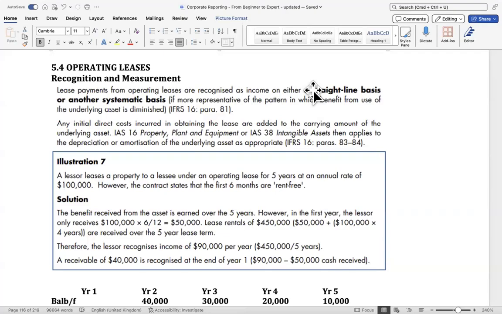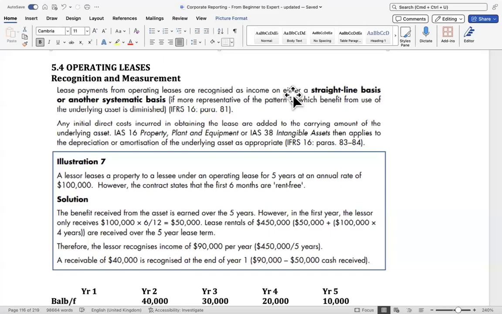And when I say straight line, we mean equal amount of lease income shall be recognized in the P&L every year. That's the peculiarity of operating lease.